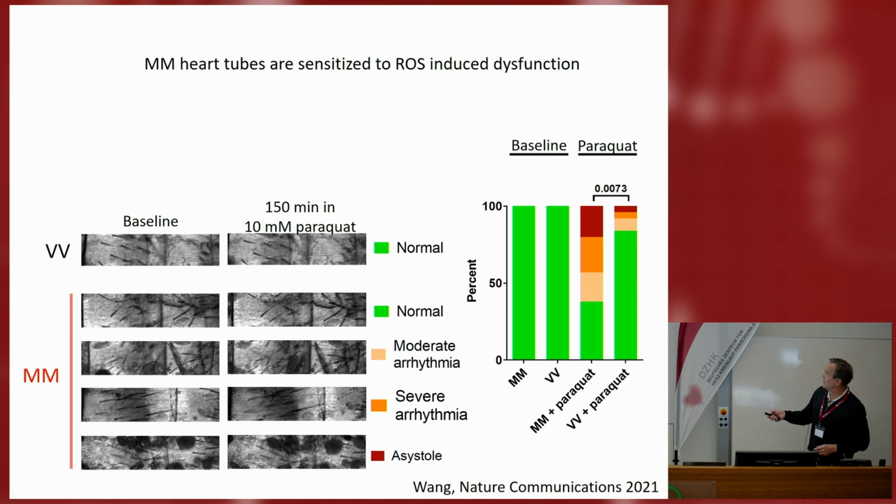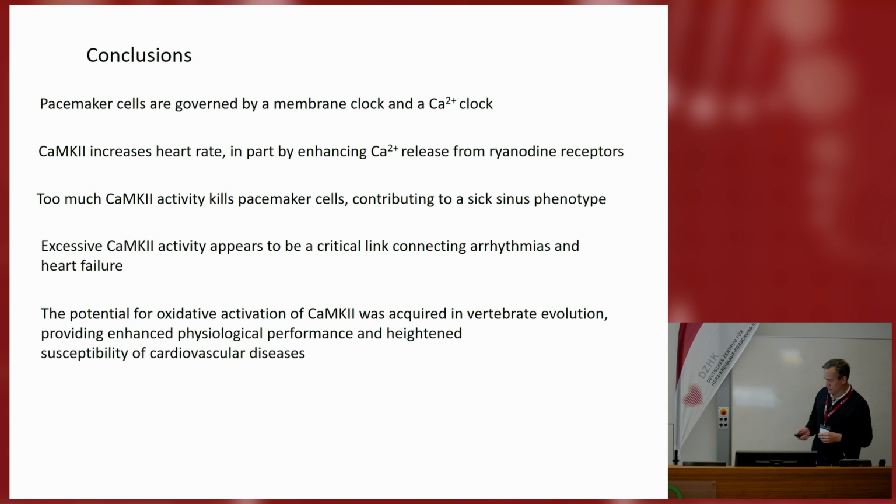You can see that here and here. But if you look at these humanized, or vertebrate, flies, they start out just fine. In fact, they have super hearts. I think I didn't get that one going. But what you can see is that they develop arrhythmias. We declared them as moderate, severe, or asystolic, and you can see the summary data here. So adding those methionines created not only a super physiologic performance, but a heightened susceptibility to disease stress related to oxidation.